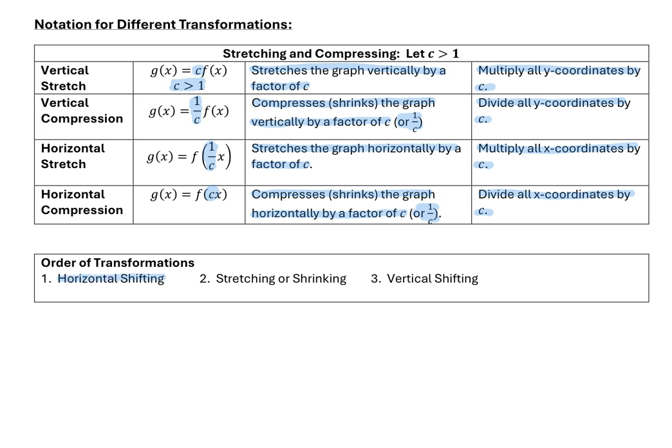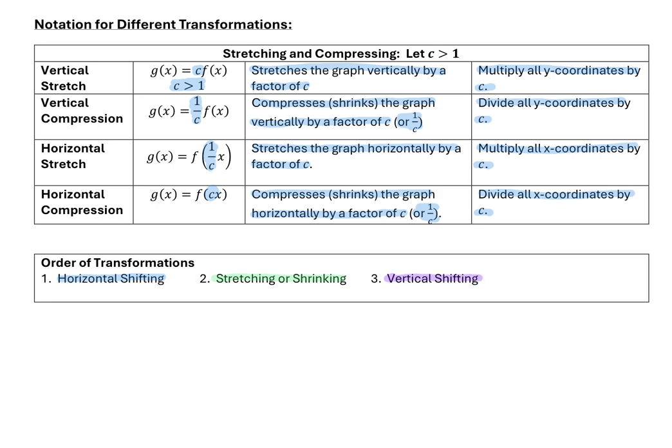So we need to add or subtract our x values. Then we do our stretchings and our shrinkings or compressings. And we can do horizontal and vertical at the same time, because one of them is affecting x's, one of them is affecting y's. And then finally, we do our vertical shifting.